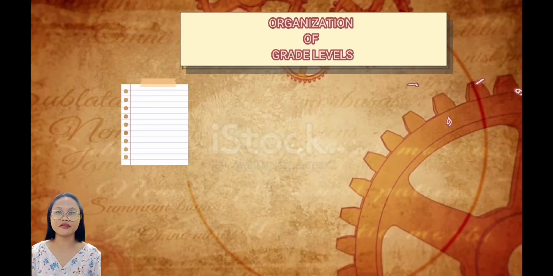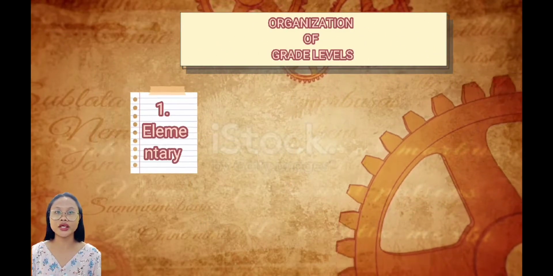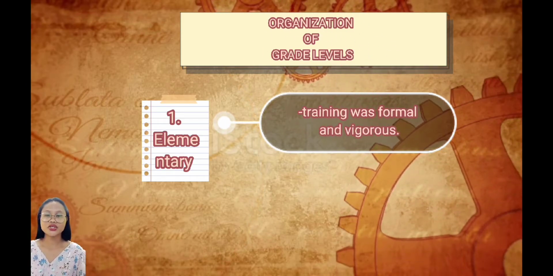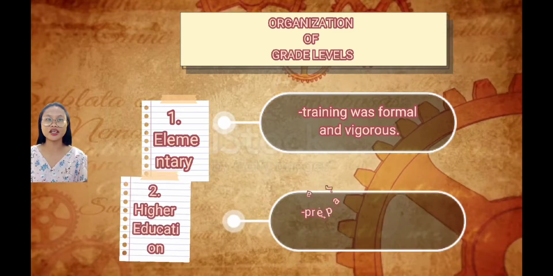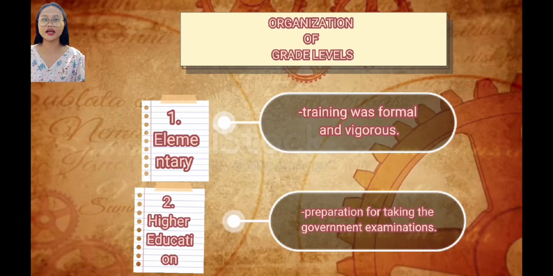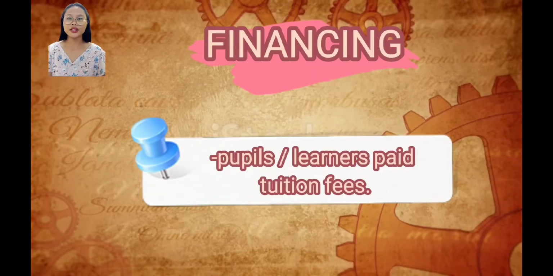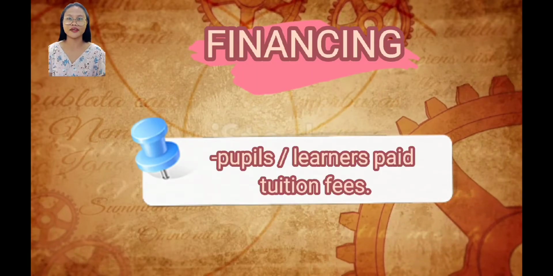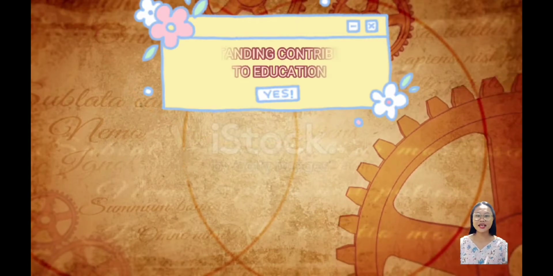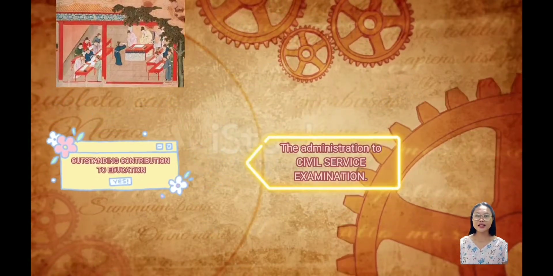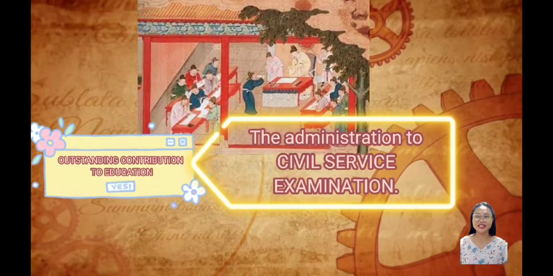Organization of grade levels. First, elementary. Training was formal and vigorous. Second, higher education, preparation for taking the government examinations. Financing. Pupils or learners paid tuition fees. And the last, outstanding contribution to education was the administration of civil service examination.